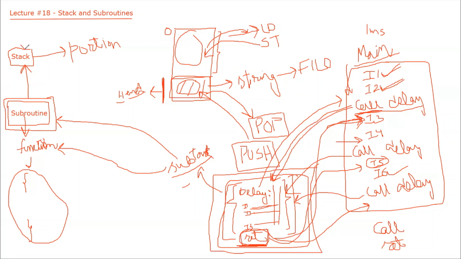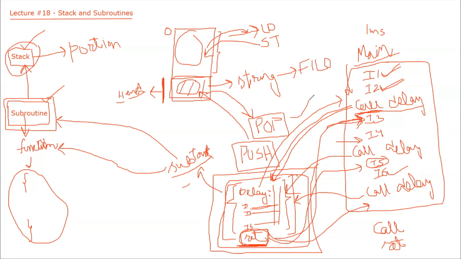So a stack is a portion of memory that is used for some special purposes, and a subroutine is a subtask that is used in the main program. It is called by the main program using a call instruction, and from the subroutine we can go back to the main program using a return instruction. So let's first discuss the stack. What is a stack and how is it used?